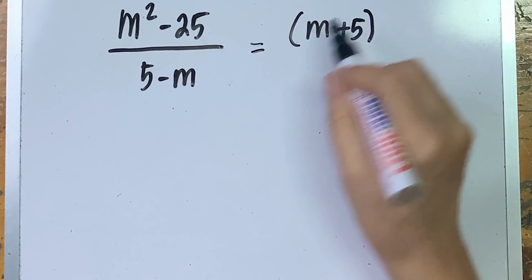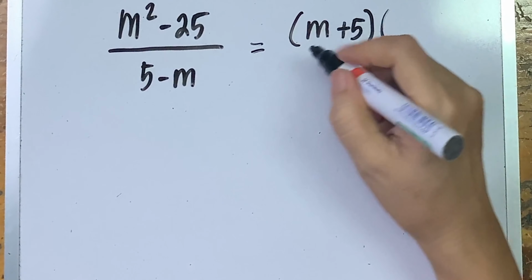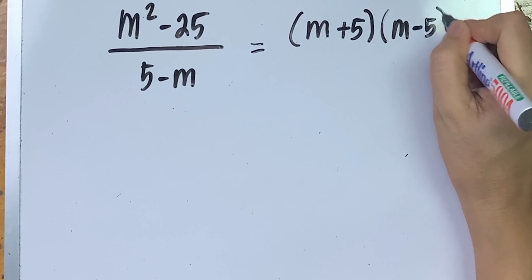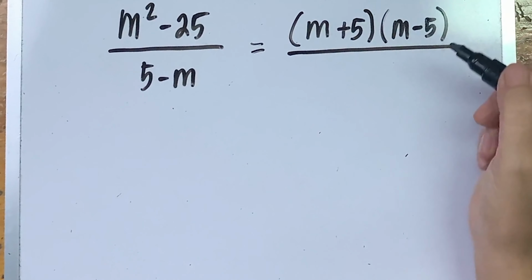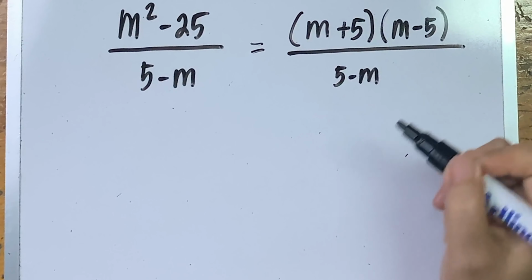Remember, this is a special product of sum and difference, so the factors will be the sum and the difference of these two binomials, over 5 minus m.